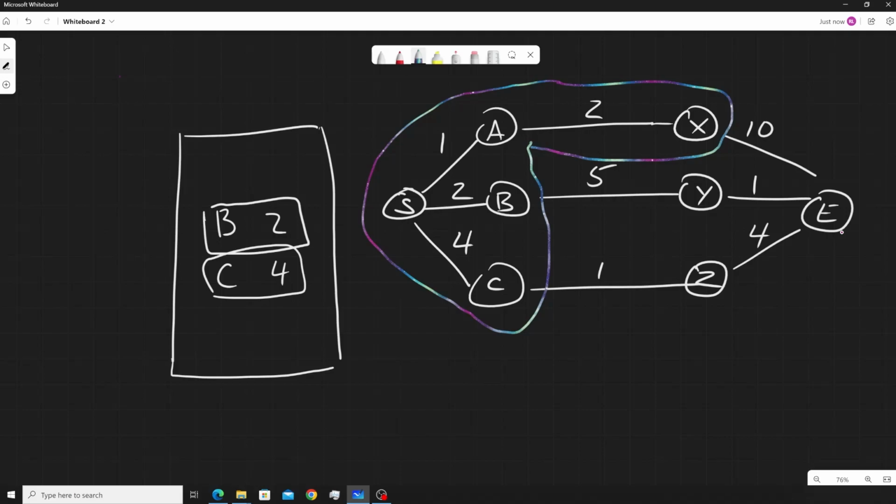We consume B2, and we expand it, which unveils Y. Our total cost would be 5 plus 2, which is 7.